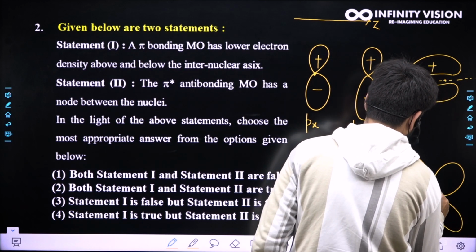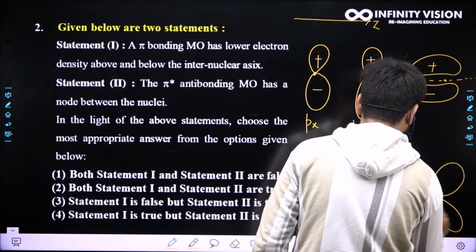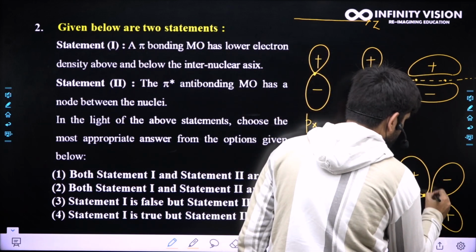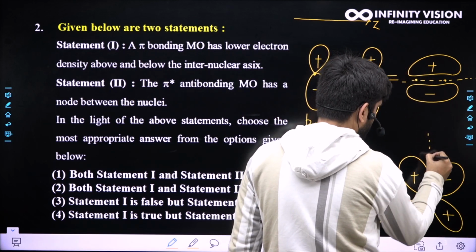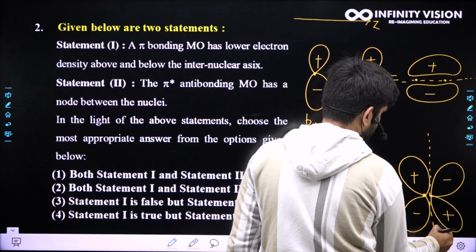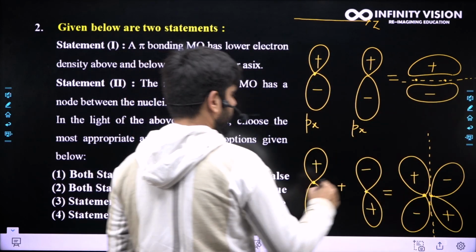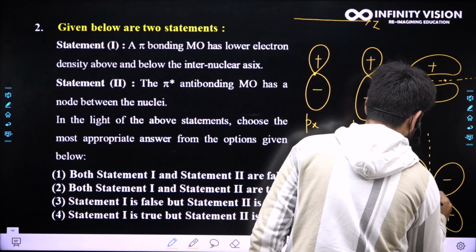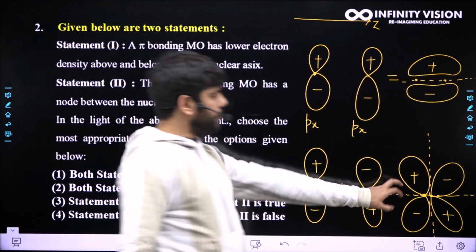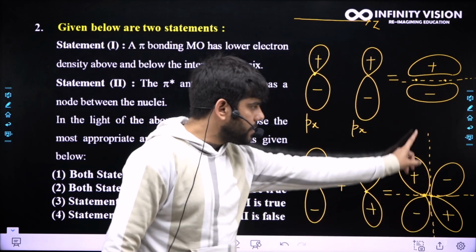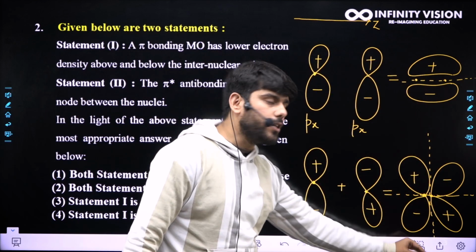This type of molecular orbital. Now, if we see, we have 2 nodal planes over here. One is this, and another is this. So we have 2 nodal planes over here, and this nodal plane is perpendicular to the internuclear axis.